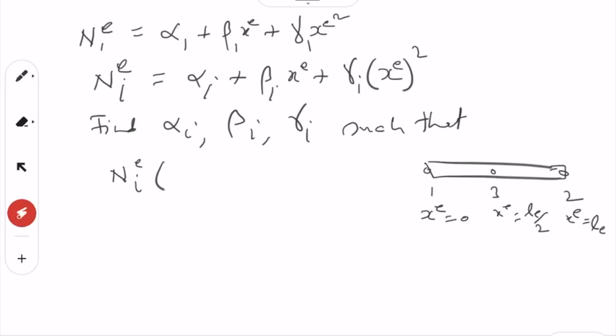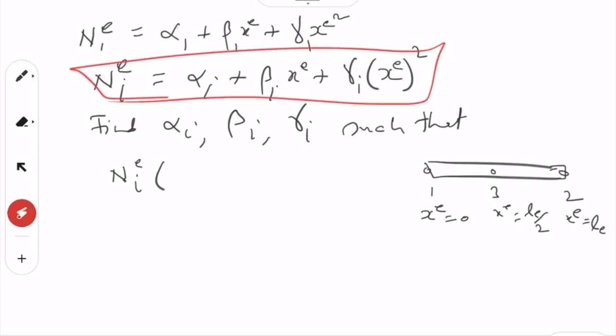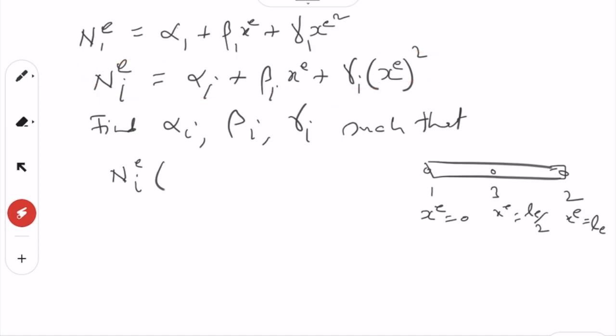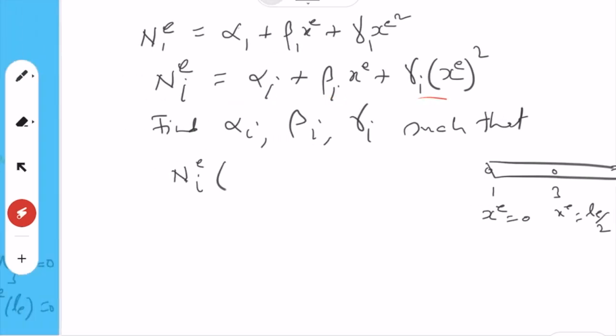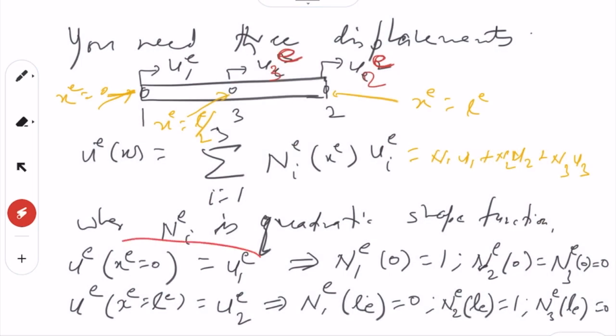So, this is the form of the quadratic equation we are expecting for the shape functions, and we have to find out these coefficients by imposing these conditions. So, n1 e at 0 equal to 1, otherwise they are 0.